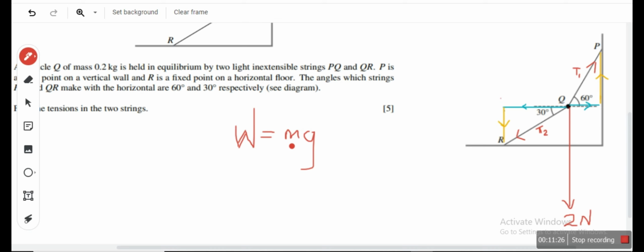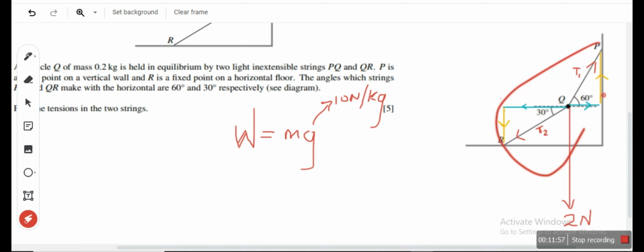That's how we came about these 2 Newtons we have here. So for a mass of 0.2 kilograms, the weight is 2 Newton. That's 0.2 multiplied by 10, because weight is equal to mg.